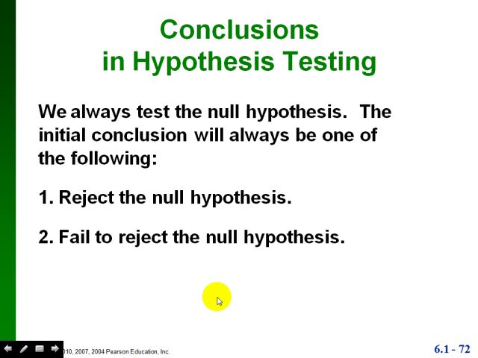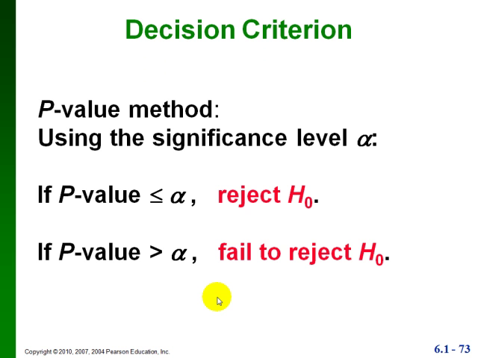Now for the conclusions, for our initial conclusion, we're only going to have one of two. It's either reject the null hypothesis or fail to reject the null hypothesis. And the way we make that decision with our p-value method is that we compare our p-value to our alpha, our significance level. If the p-value is small, in other words, if our probability is smaller than alpha, then our decision will be to reject the null hypothesis.